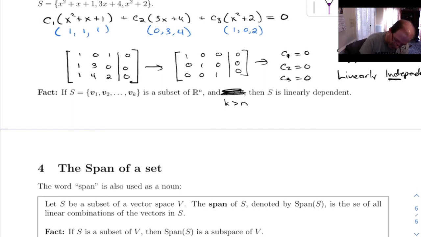So what that means is, suppose you have three vectors from R2. They are going to be linearly dependent.